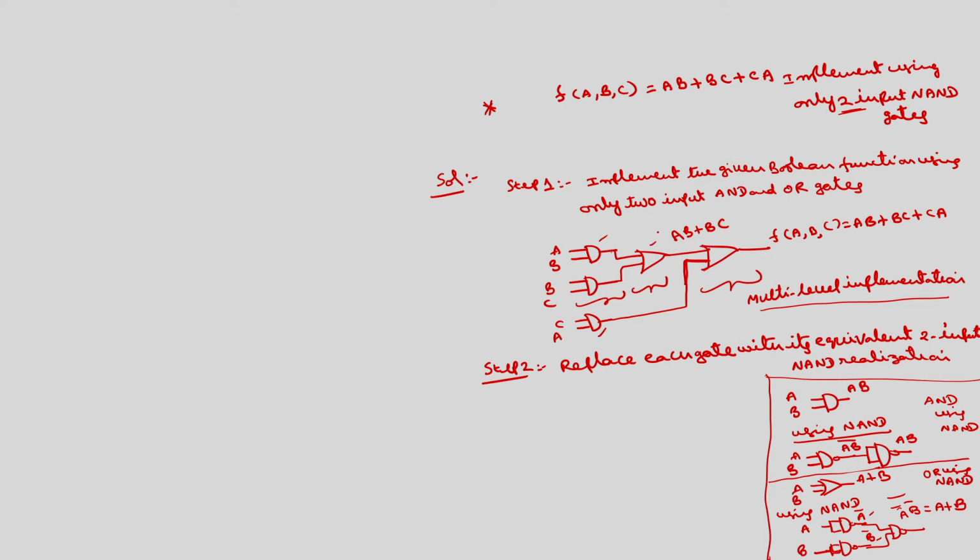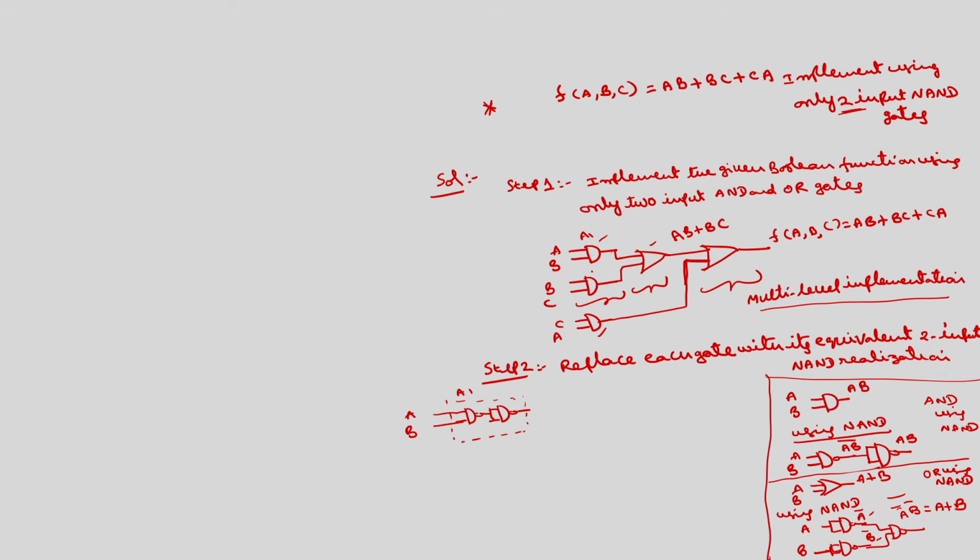Okay. Now, what will be this? This NAND is nothing but NAND followed by a NOT gate. This is in fact NOT gate. This is A B, this entire thing is, if I call this one as A1 gate, this entire thing is A1.